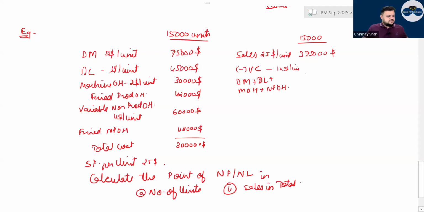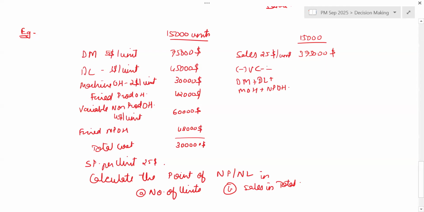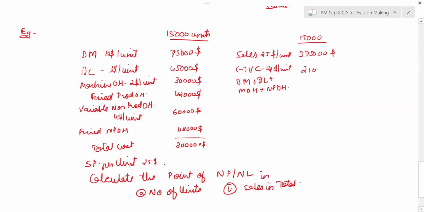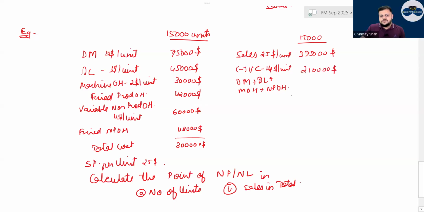How much is the variable cost then? 210,000. $14 per unit. So how much is the contribution? 165,000. Correct. Out of that, you have to deduct fixed cost.